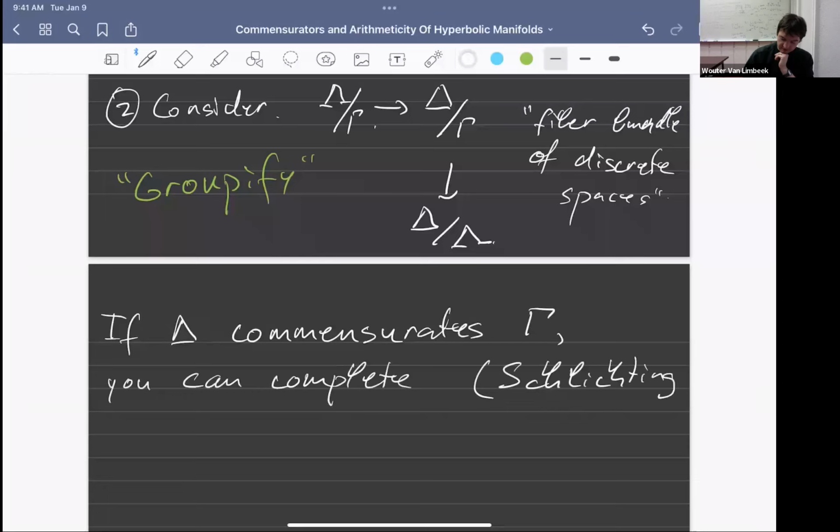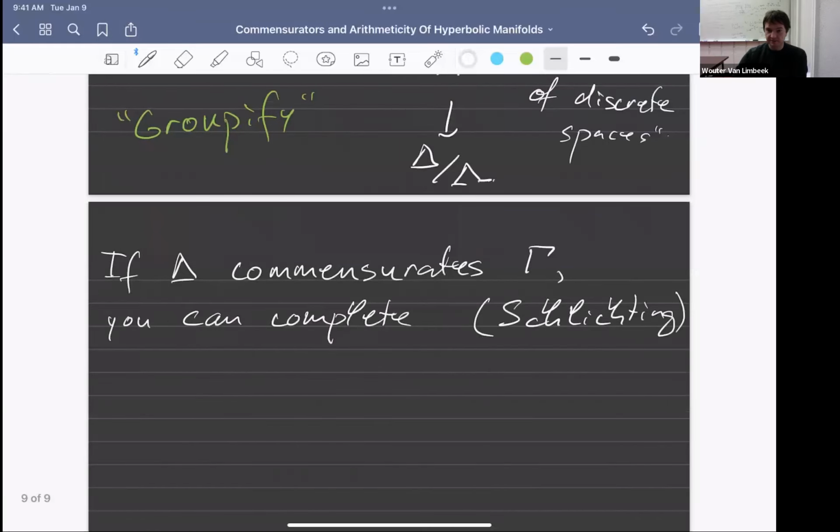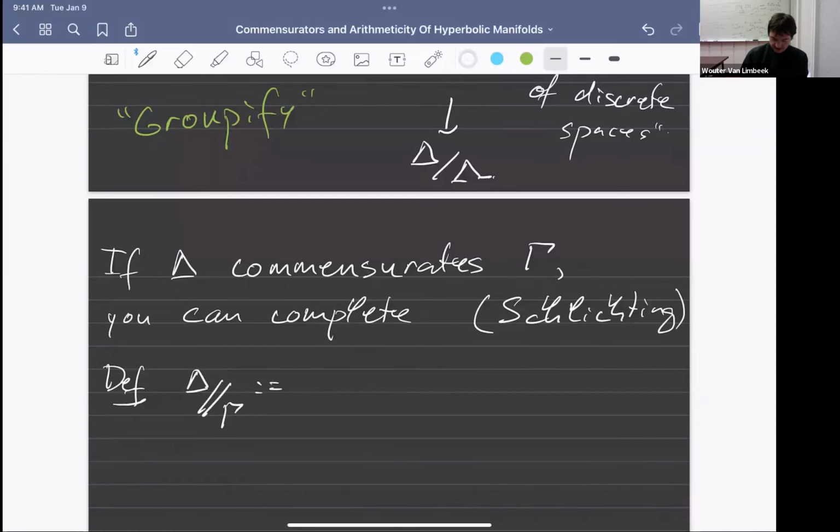I think it goes back to the 60s or the 70s, and it's kind of a bizarre construction, but the definition is that the Schlichting completion, which we write like this with the double quotient, is, well, maybe I'll say it in words.